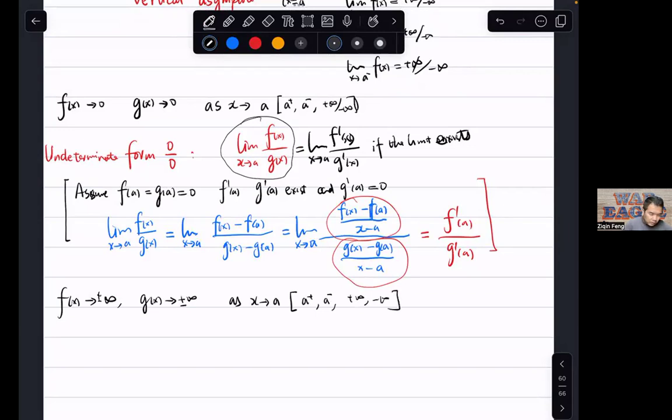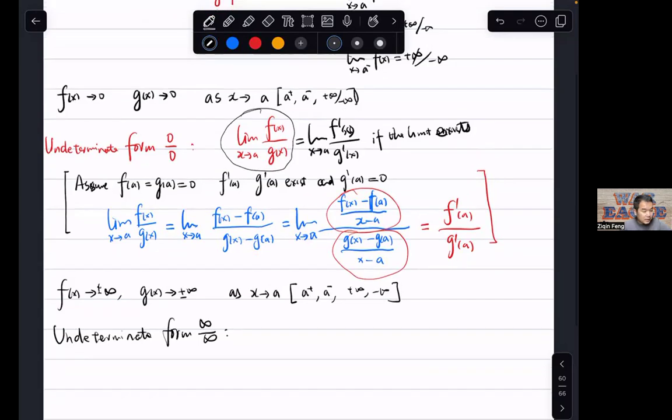So we get our indeterminate form, which is infinity over infinity, because 1 over 0, we know that's infinity, right? And these two are very closely related. In this case, we have that as x goes to a here, f of x over g of x.